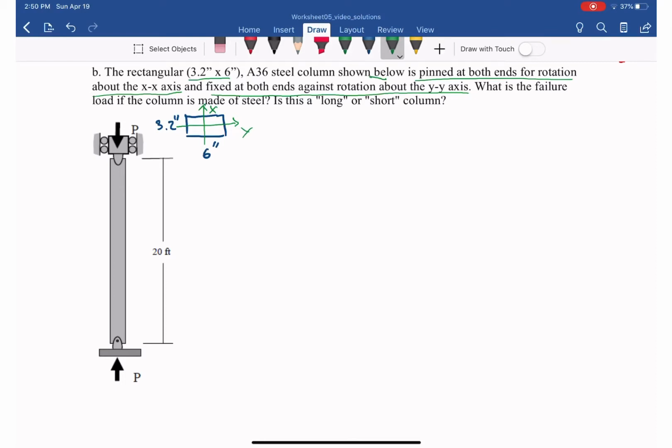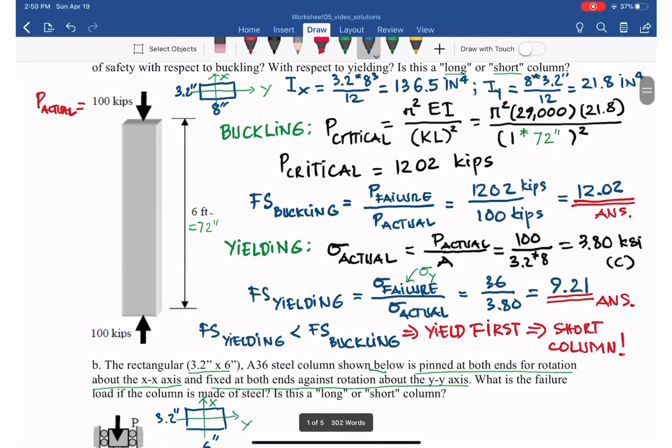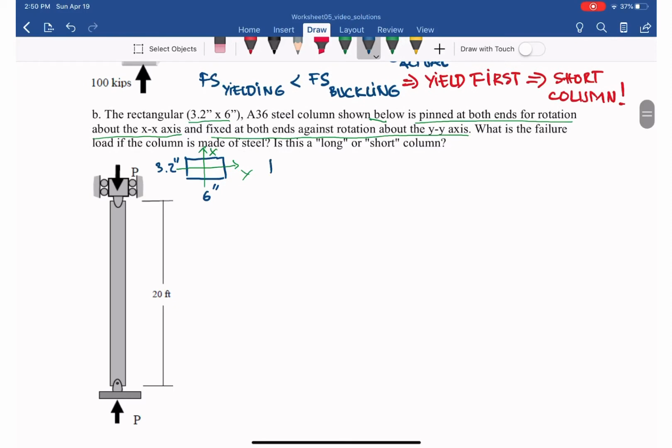So we can find the area moment of inertia in the x direction for a rectangle: parallel times perpendicular cubed divided by 12, and we get 57.6 inches to the 4.